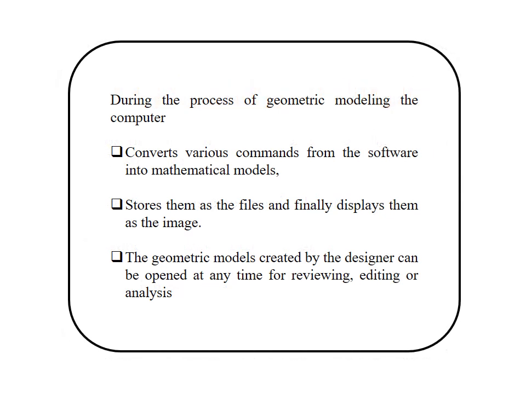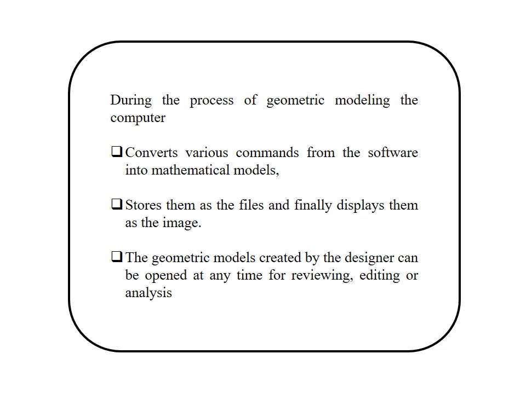So during the process of geometric modeling, the computer converts various commands from the software into mathematical models. So the computer is used to convert the thought or image which is had by the engineer into mathematical models by means of software, stores them as files and finally displays them as the image.